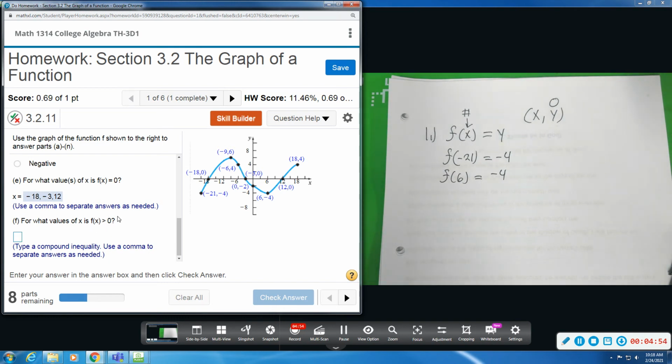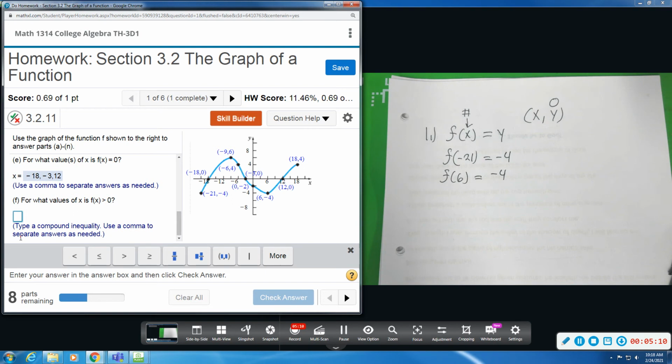The way you read a graph, remember, you're going to read left to right, just like you would read a statement. So going from left to right, this graph is at 0 when x is negative 18. So that's going to be my starting point, negative 18. And then it goes above, and it stays above until we get to the x value of negative 3.